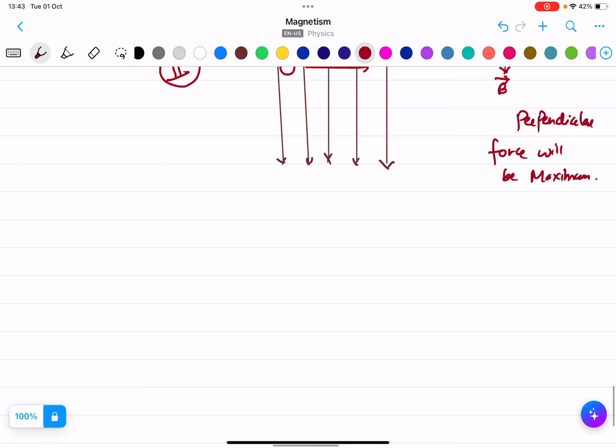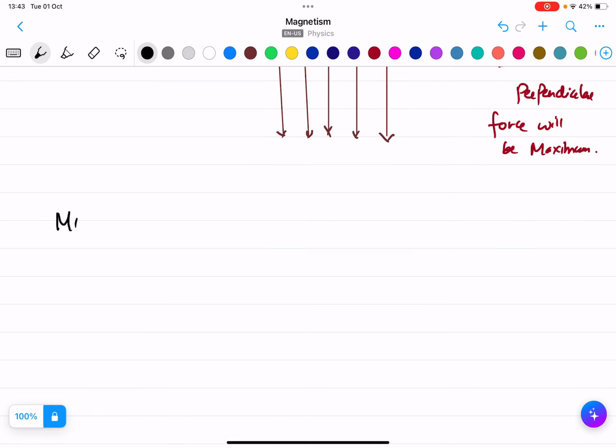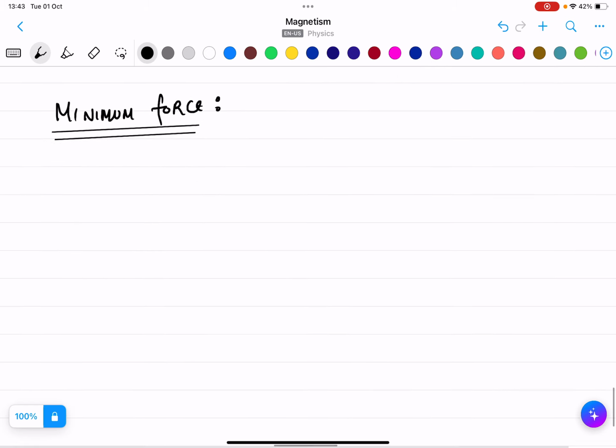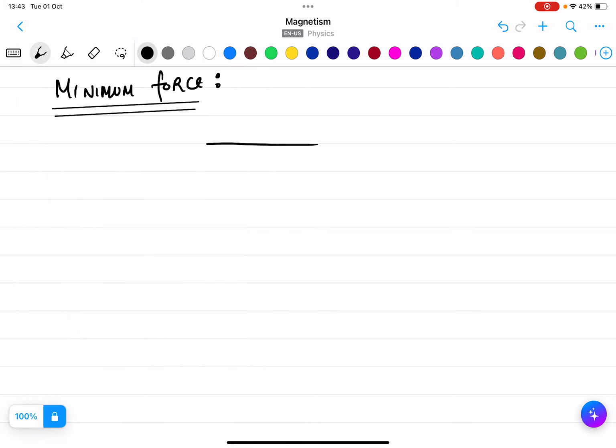Okay, so we have discussed two cases, case number 2, and this is case number 1, when the force is maximum. Now we will discuss the minimum force. So let us consider an example. I'm just making the magnetic field.